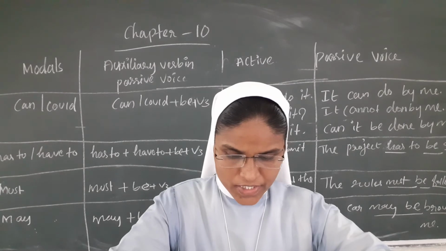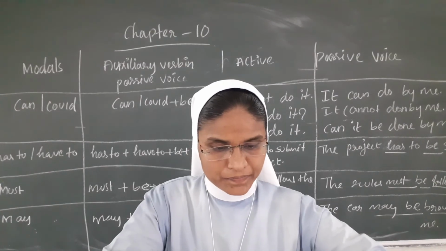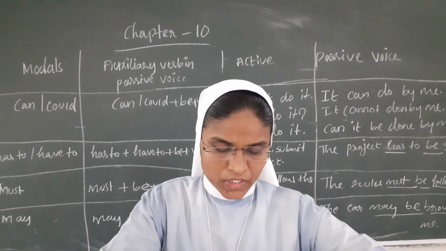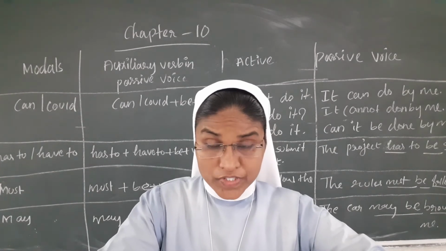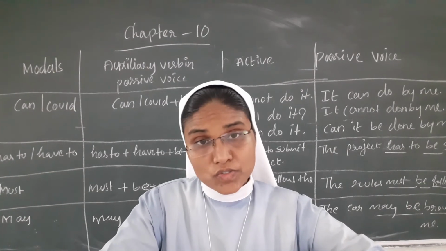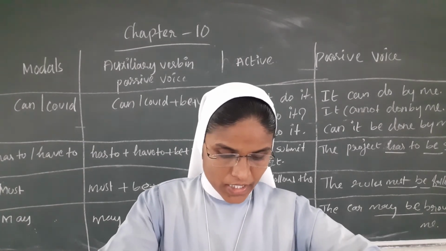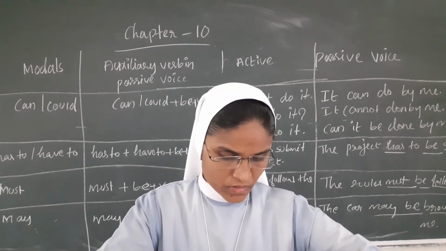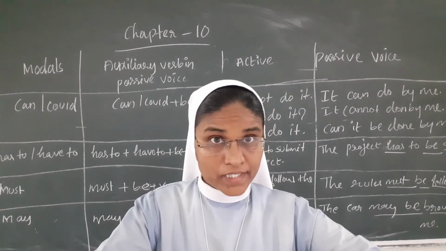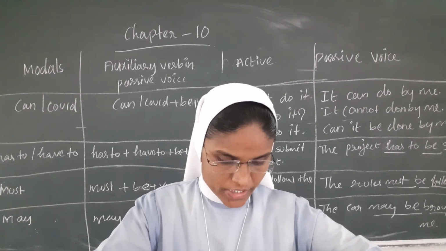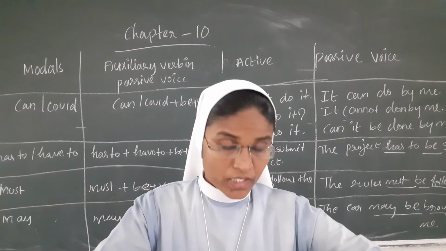Okay. The next one, change the subject into object. Here we change the object into subject, and here comes subject into object. Observe the changes. In the active voice, the subjects are I, you, she, they, we, he, it.